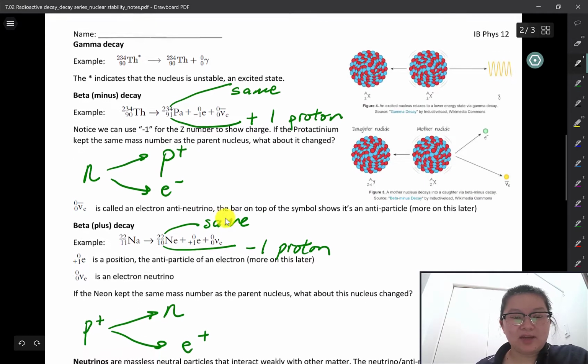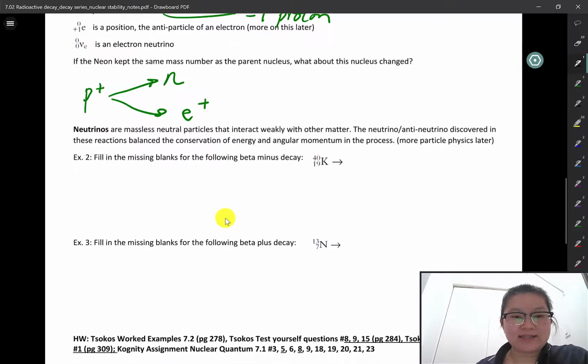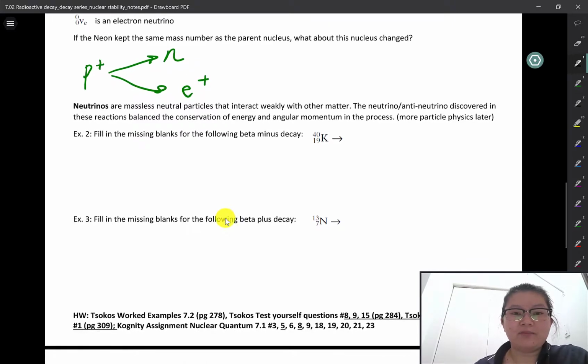The examples that we will do here are an example of a beta minus decay as well as a beta plus decay. And notice that none of the products are given, so you will be expected to know what to write on the other side.